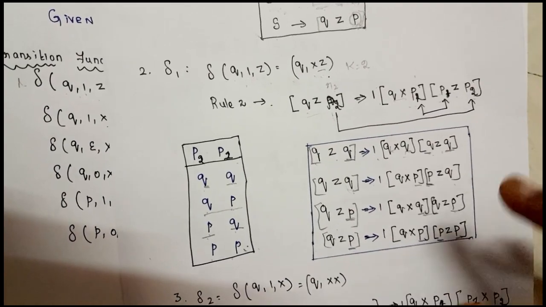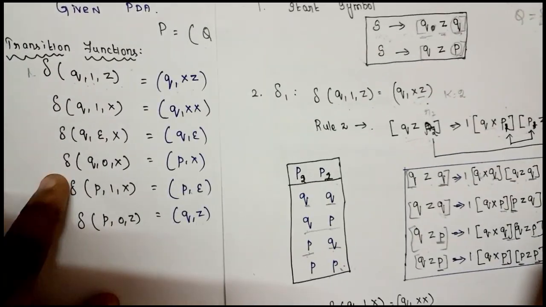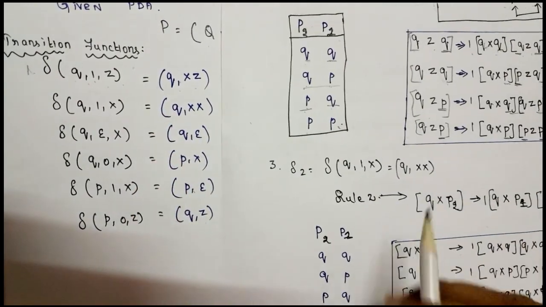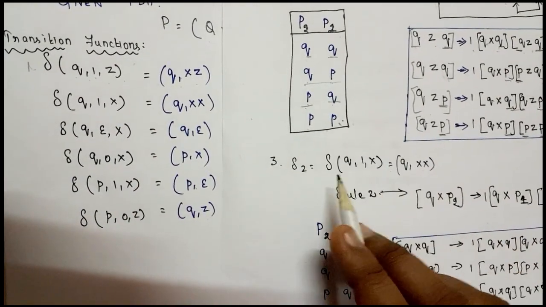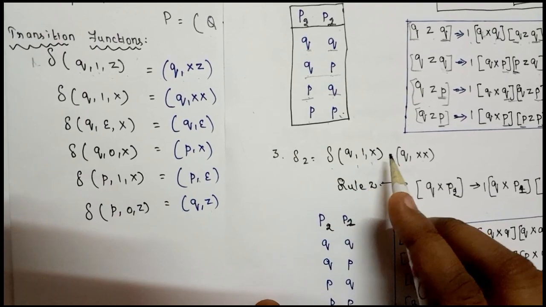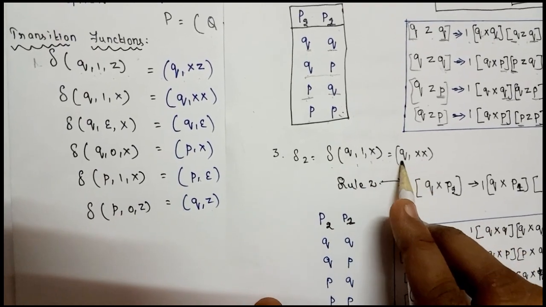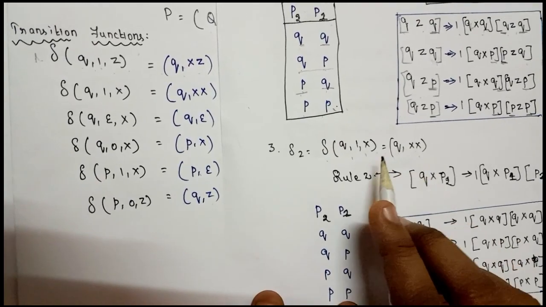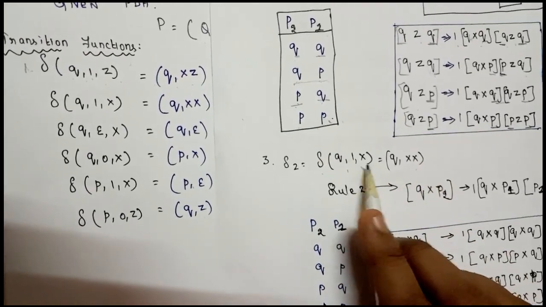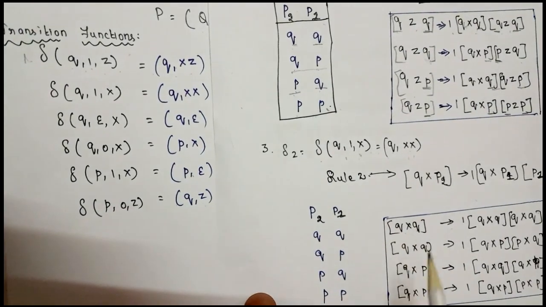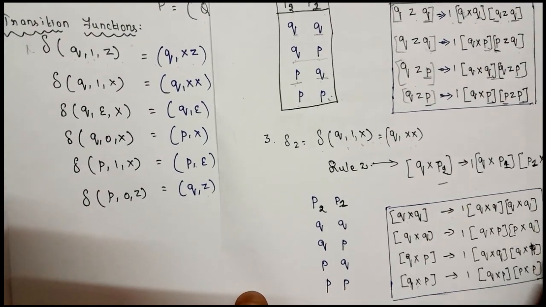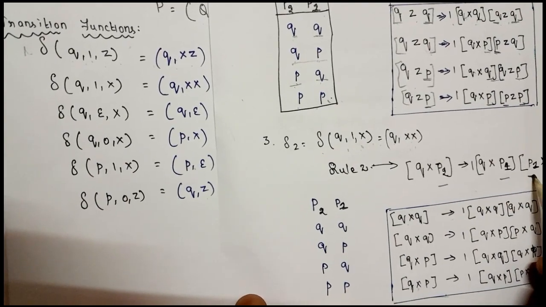In the same way, the second transition function also has two symbols on the stack. So we have the destination part. That means del of Q, 1, X is generating the instantaneous description Q, XX. That means it is pushing X onto the stack. The same procedure is to be followed. We have to substitute P2 here and the intermediate state P1 should be processed here.